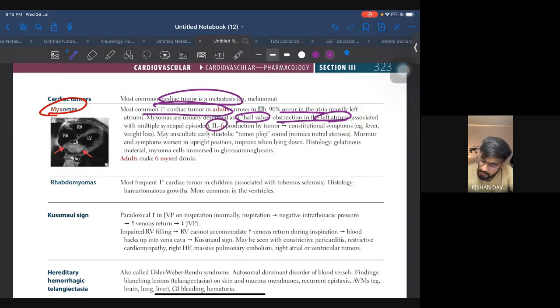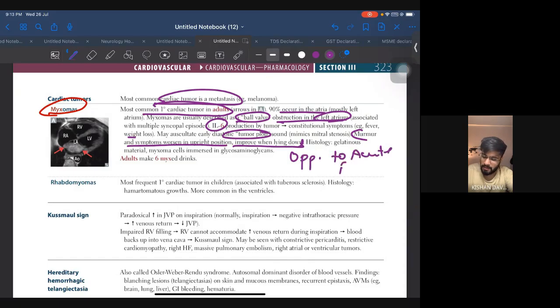There is IL-6 production by the tumor, so constitutional symptoms will come: fever, weight loss, etc. There will be a tumor plop sound and a murmur, and symptoms worsen in the upright position and improve when lying down. This is opposite to acute pericarditis, where symptoms worsen when lying down and improve when you sit upright. So write down: opposite to acute pericarditis.